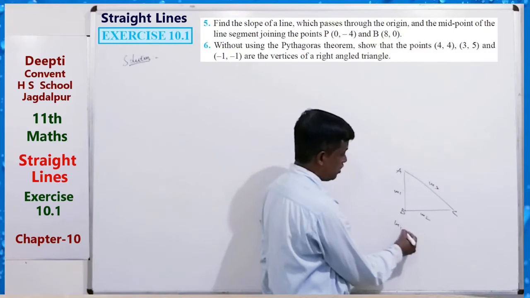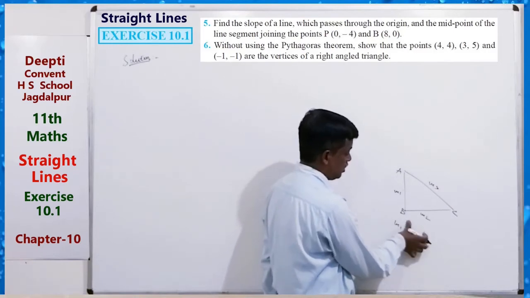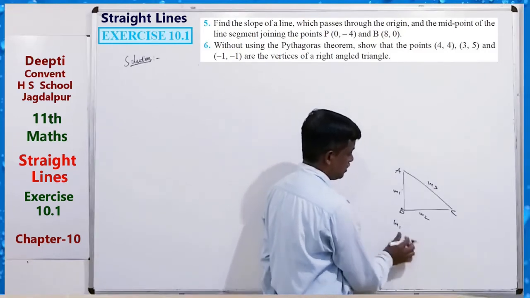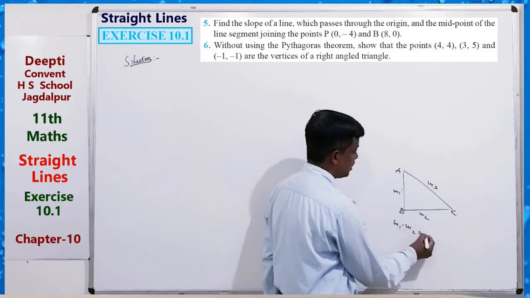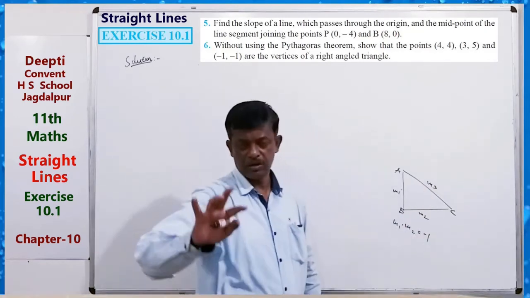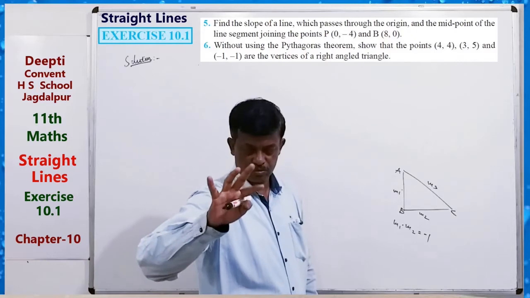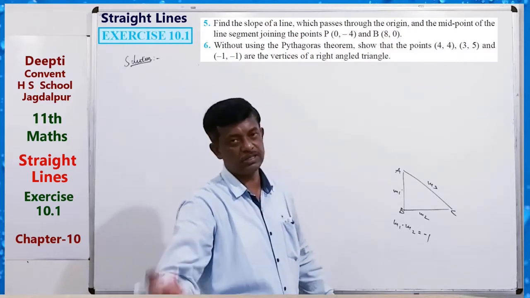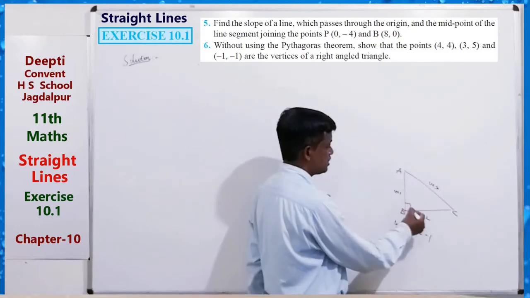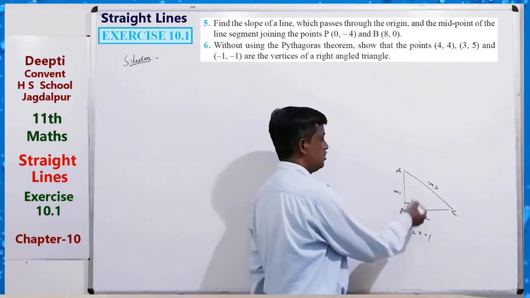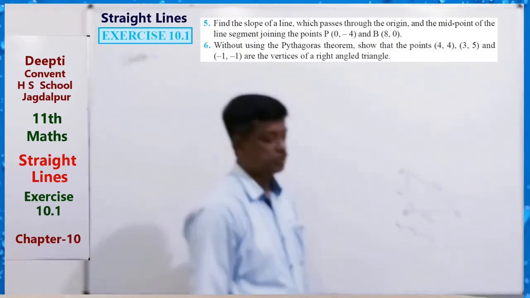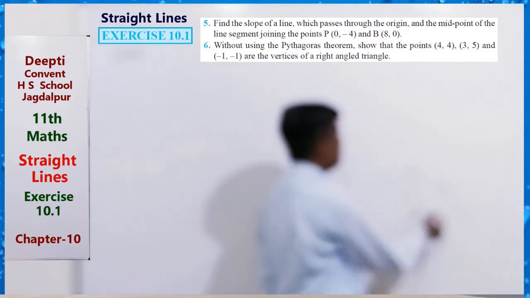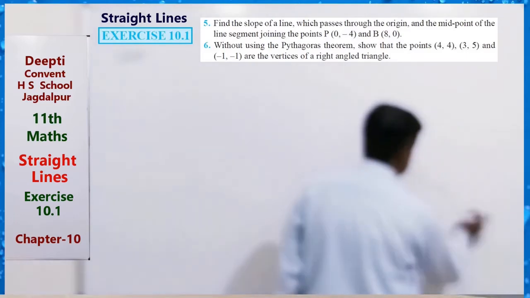If we show that the multiplication of any two slopes is equal to minus 1, then we can say that two sides are perpendicular, that is, it is a right angle triangle. So find the slopes of AB, BC, and CA.